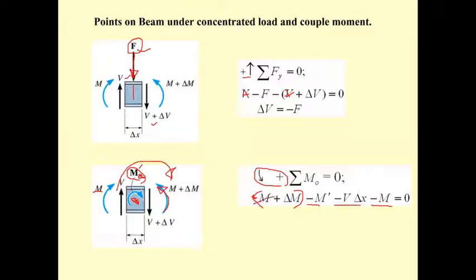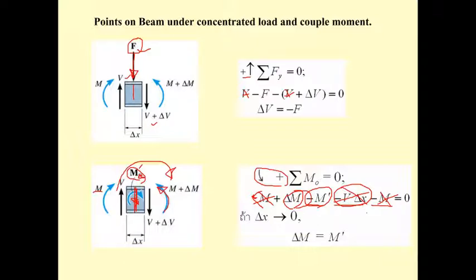And then the M here will cut the M here, and your equation will be: delta M equals minus M prime minus V delta X. Since delta X is going to be very small, because we only consider the point over there as a line cross here, this term is just eliminated.